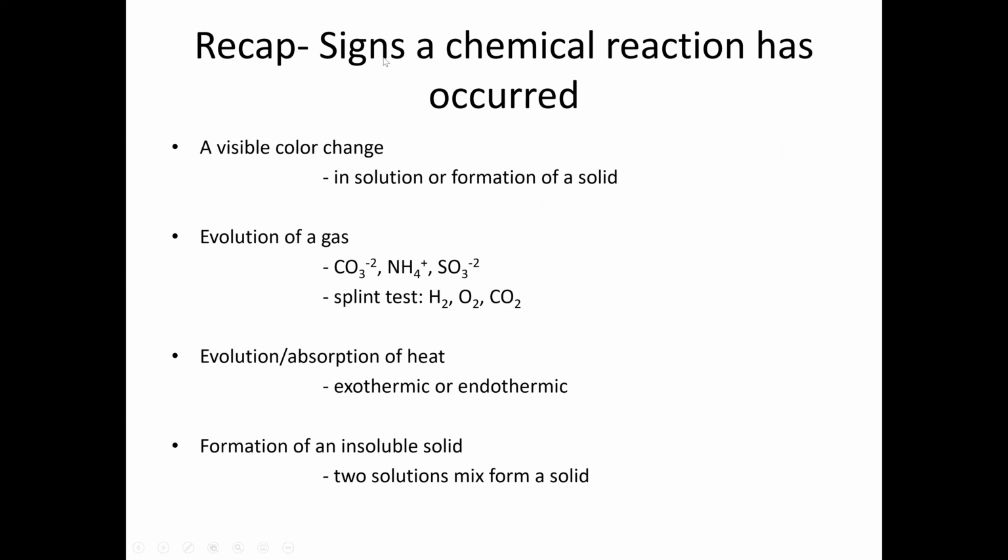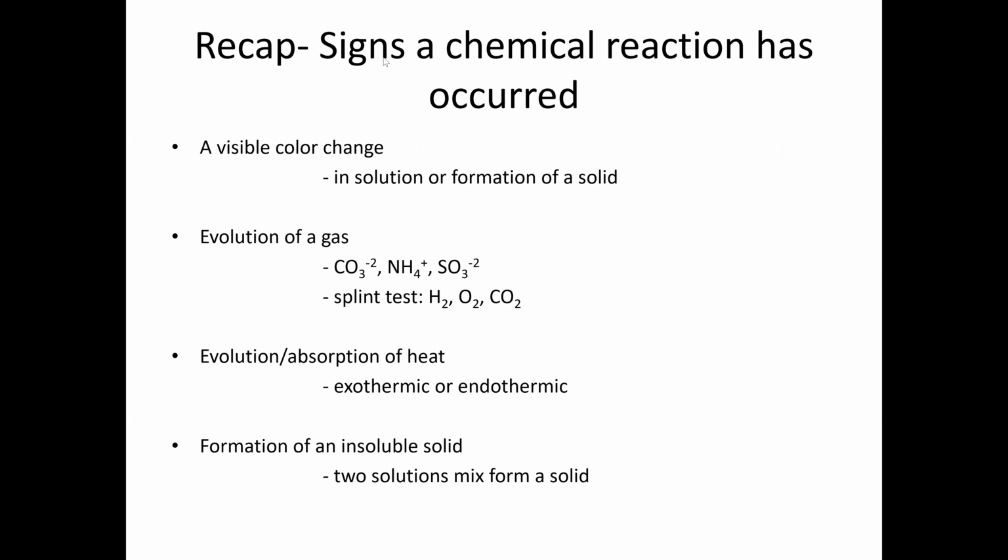In the previous experiment 1, we looked at different signs to show that a reaction has occurred. One of those signs was a color change. Maybe when you mix two solutions together, we formed a solid. Another sign that a reaction has occurred is the evolution of gas.